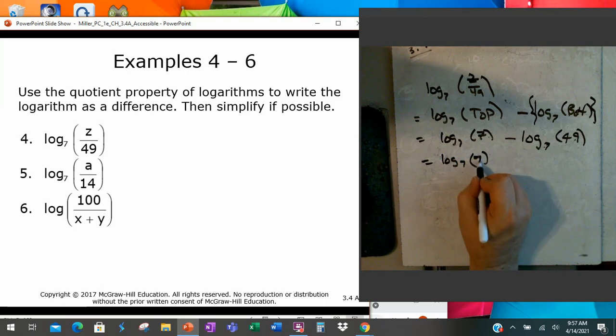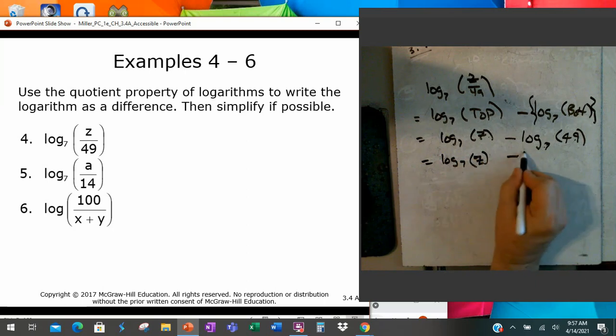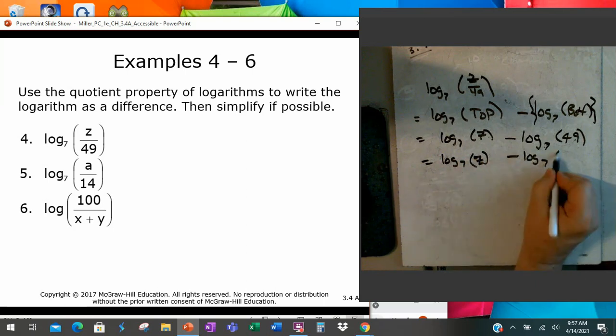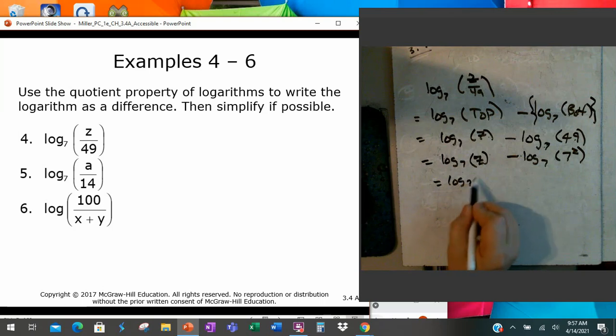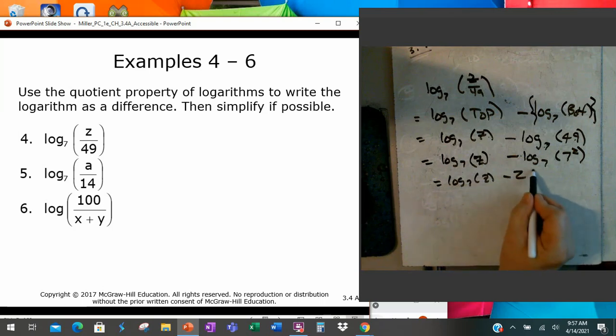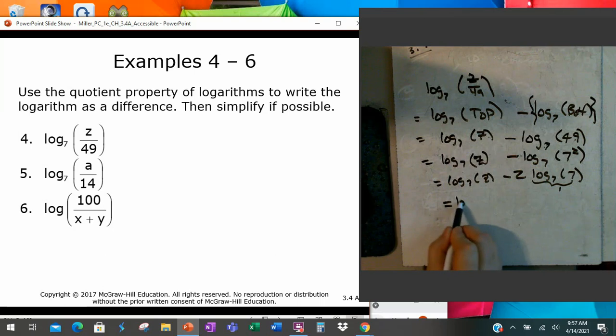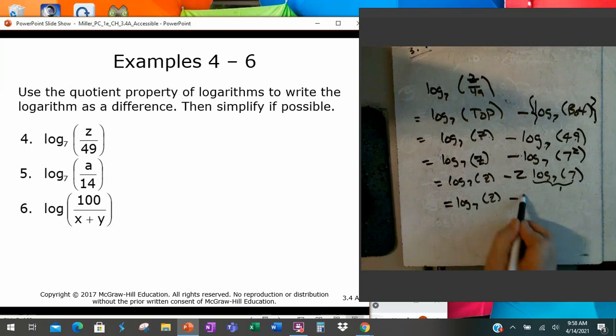So log base 7 of z, minus log base 7 of 7 squared, whatever power goes down, and then this is just 1. Log of z base 7 minus 2, because all of this is just 1. And that's the simplification part of it.